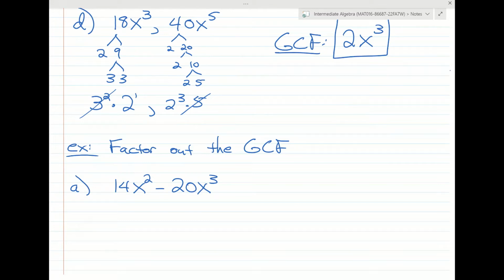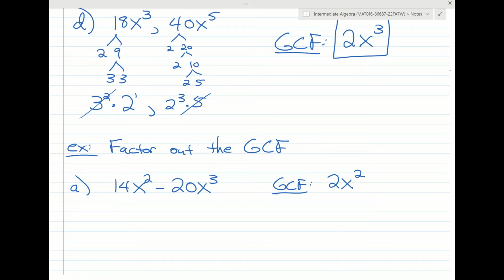First thing we do is we figure out what is the GCF. So the GCF between 14 and 20, the biggest number that goes into 14 and 20, I think is 2, right? And then x to the second. So our GCF is 2x to the second.